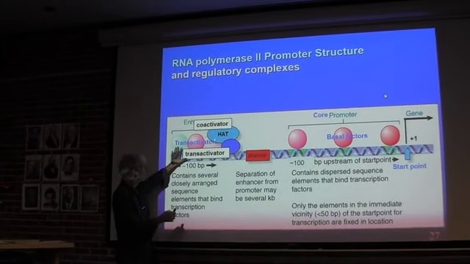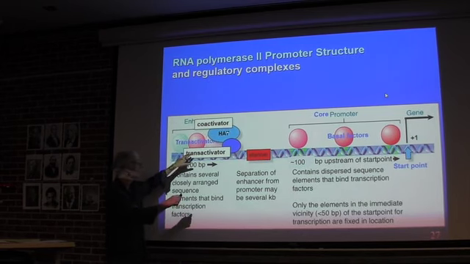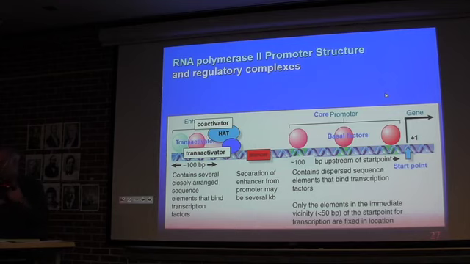What kinds of things bind in the enhancer region? Well, the transactivators bind, but they in turn, some of these transactivators don't have any ability to do anything except recruit even more proteins.